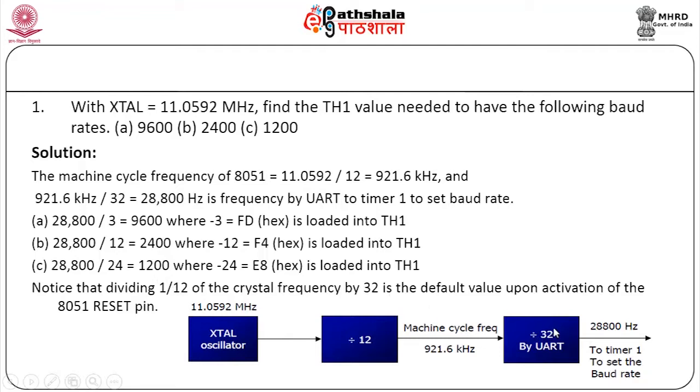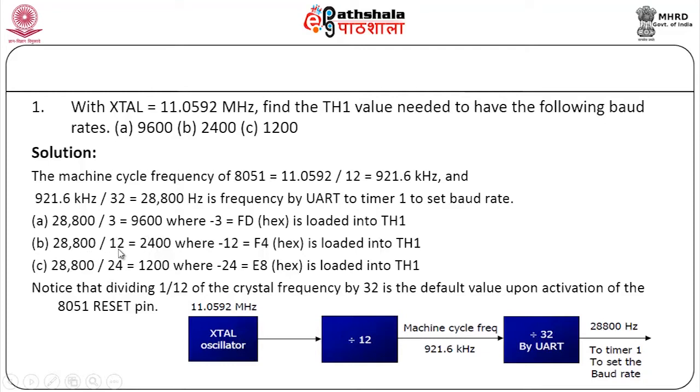So if I am dividing 28,800 by 3, which comes around 9,600. So in 3 clock cycles, if I am sending 1 bit, then I will have 9,600 bits per second. So once in 3 clock cycles, I can send only 1 bit. So that is the way I am configuring the speed.